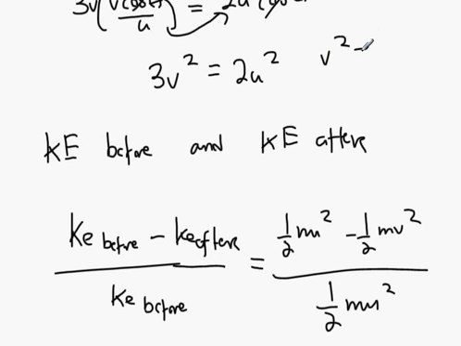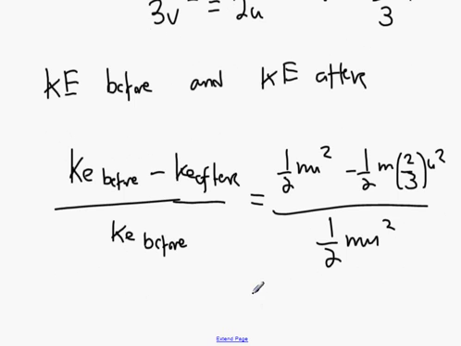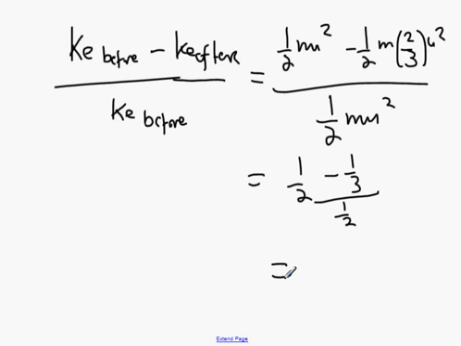So phi squared is therefore equal to 2 over 3 u squared. So change your phi squared into 2 over 3 u squared. Safe to say that all the mu squareds are going to cancel now, and you're going to have a half minus a third over a half, and I'm pretty sure that turns out to be, and it is, so what's that?